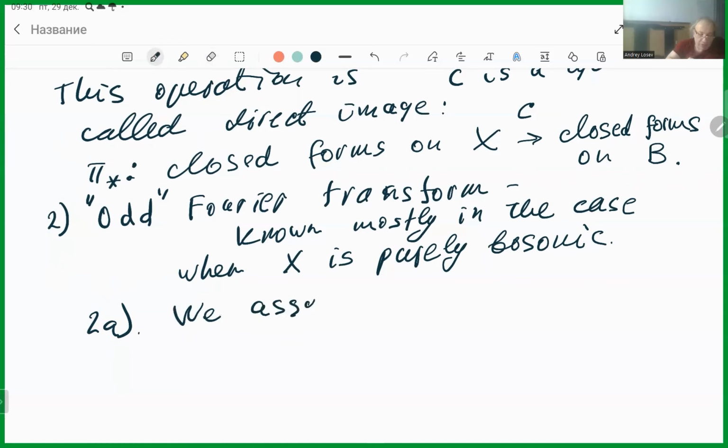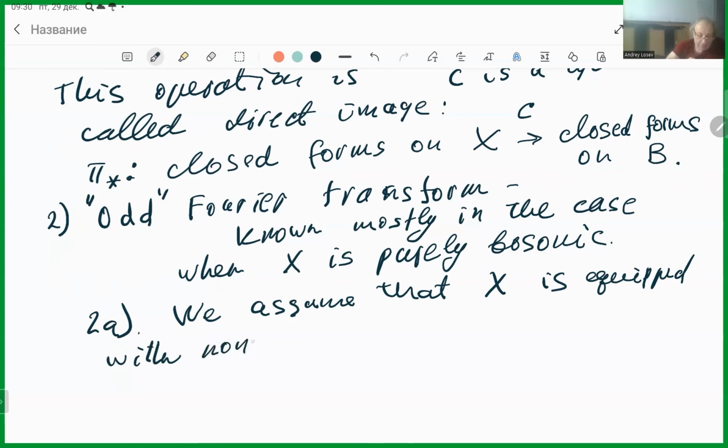We assume that X is equipped with a non-vanishing top form omega naught.